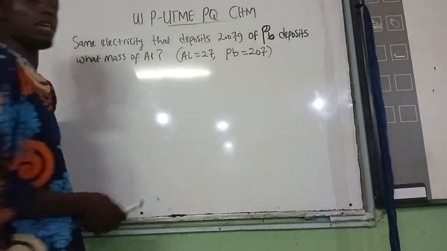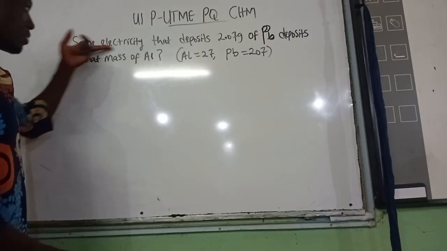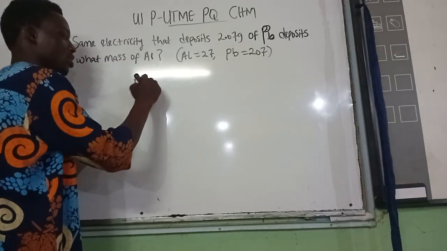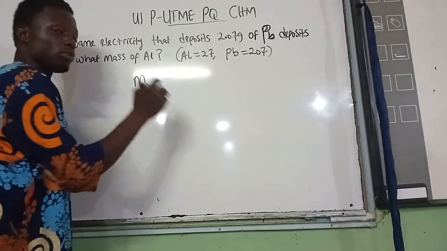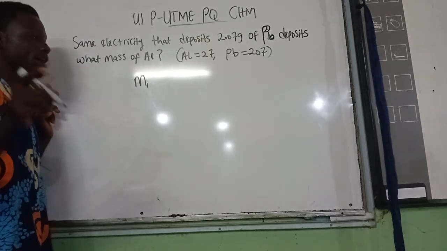The question says same electricity, so the mass of element deposited is directly proportional to their chemical equivalent.